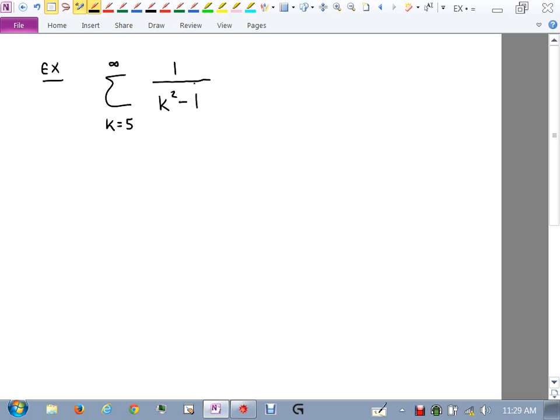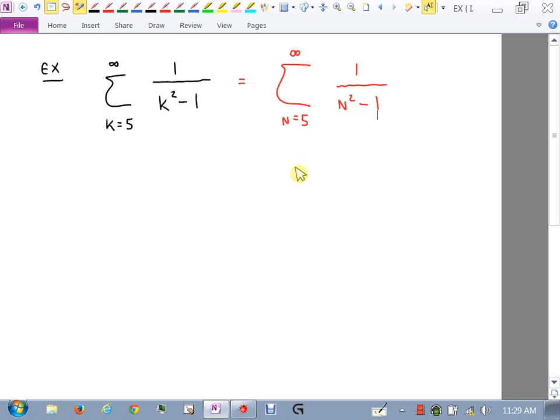I'm going to start at 5. And just to match the book, let me use n instead of k, because I'm using k and the book's using n, and that might throw you off.